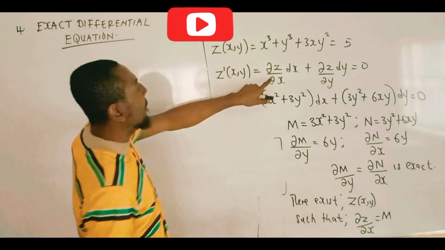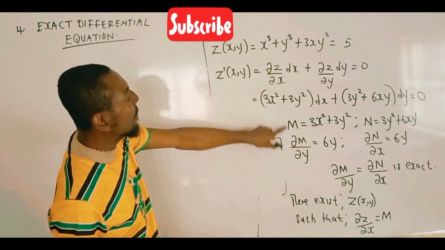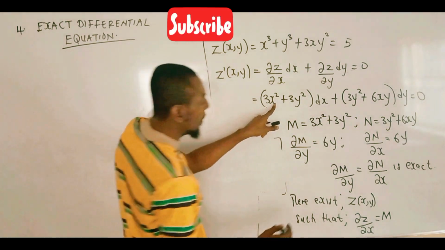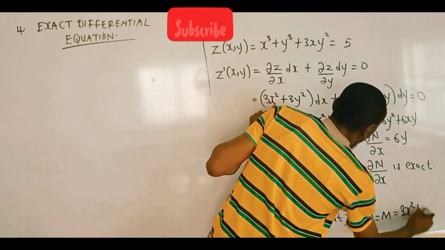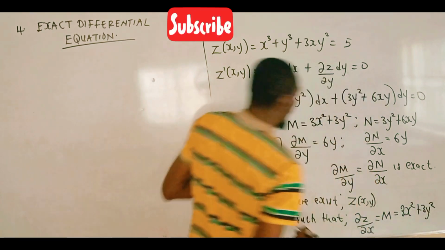That's the value here, and of course it is equal to 3x squared plus 3y squared.